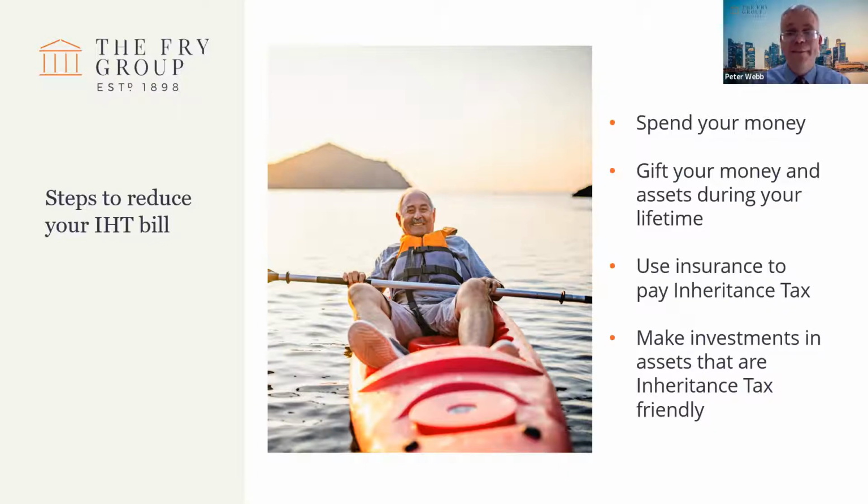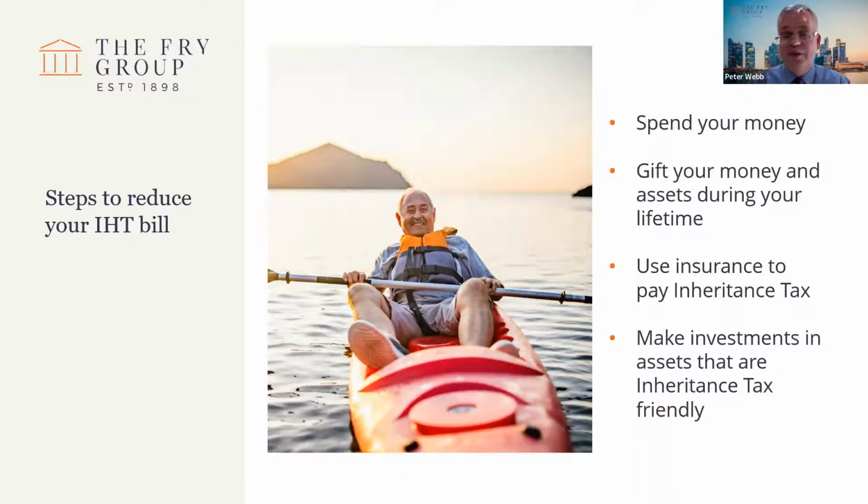With these business relief investments, after 2 years, you could find that the investment you've made is completely free of inheritance tax. Just a quick mention, business relief is not available to buy-to-let investors. It wouldn't help you with the property that you have that you're letting out.